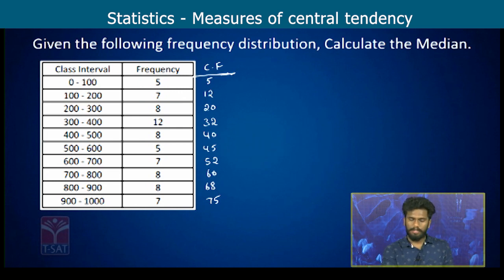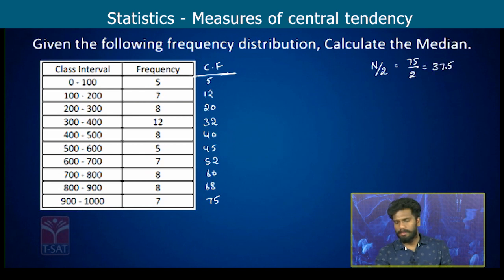Next, for class interval distributions, we have to find n by 2 first, not (n plus 1) by 2. So what is n by 2? 75 by 2, that is 37.5.